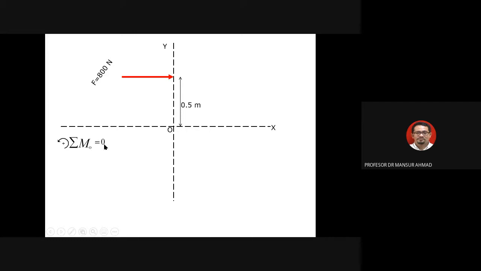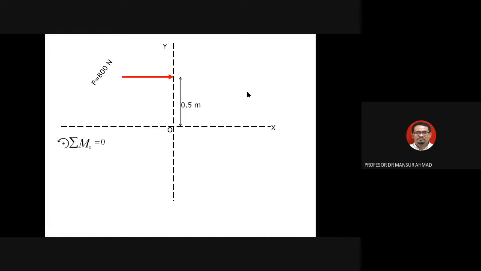Kalau ikut gambar tadi lah. Yeah, this is the direction. Okay. So when you sum the moment at point O, you imagine macam bolt tadi tu, so that you can appreciate more this simple problem here.